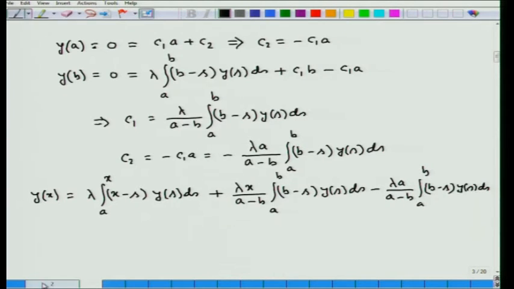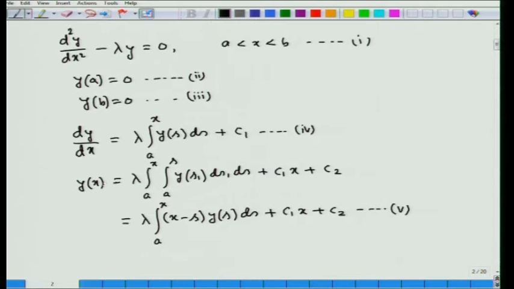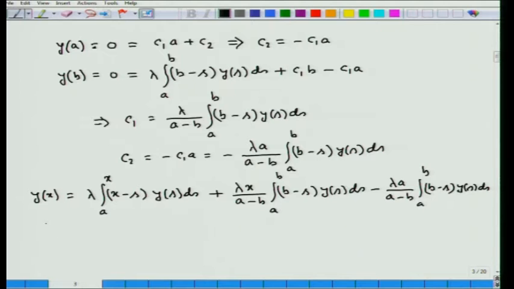So, just look at this expression: y(x) equal to lambda times the integral from a to x of (x minus s) y(s) ds plus c1 x plus c2. We have obtained c1 and c2, so substituting here we get this expression. Now, we have to make some rearrangement.